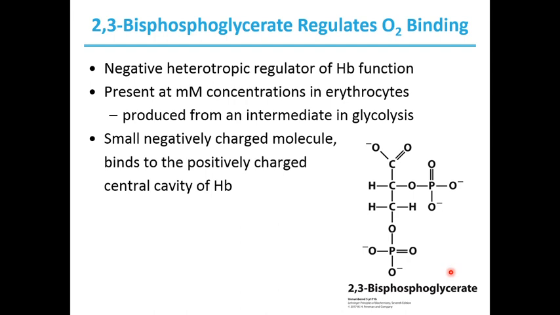It's a small molecule, but it's negatively charged, with 5 negative charges: 1, 2, 3, 4, 5, right? And this binds to the positively charged central cavity of hemoglobin. It stabilizes the T state, which means low affinity for oxygen.